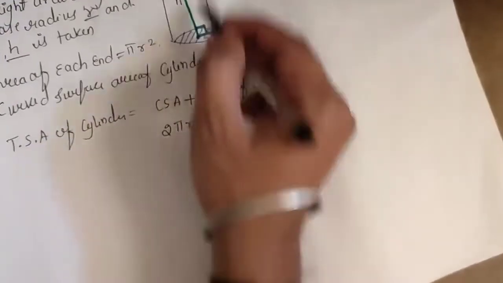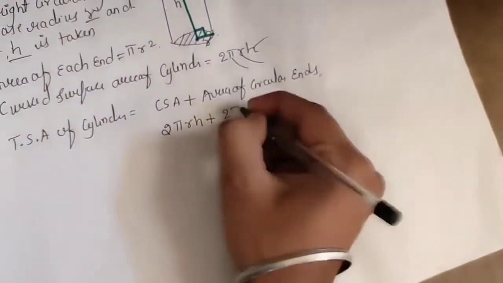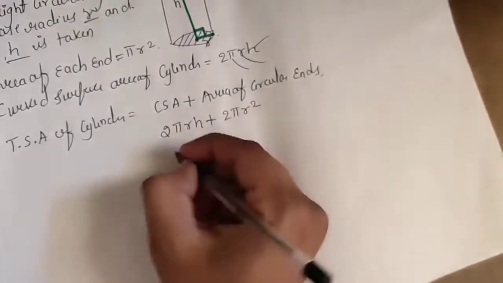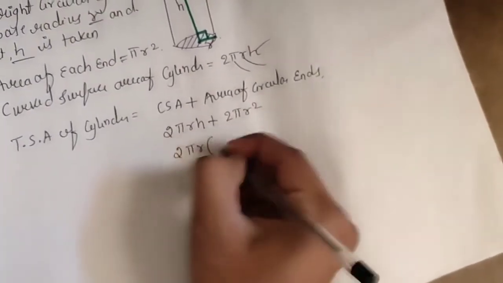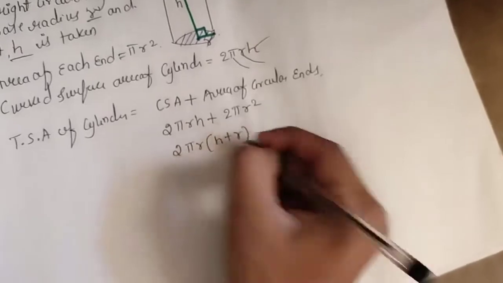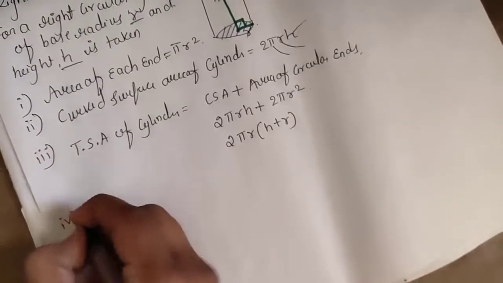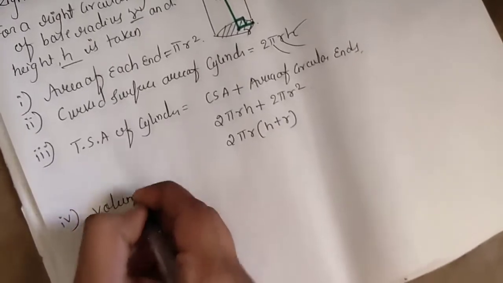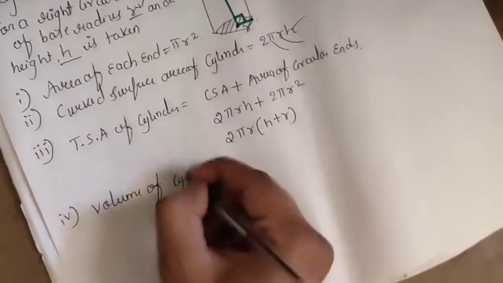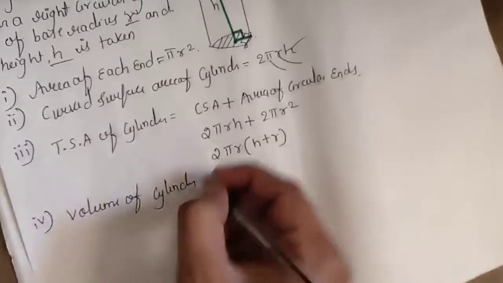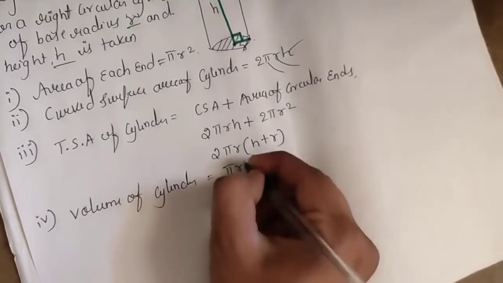There are two circular ends, okay, so 2 pi r square. Now let us take common 2 pi r, (h plus r). Now what is volume of the cylinder? That is pi r square h.